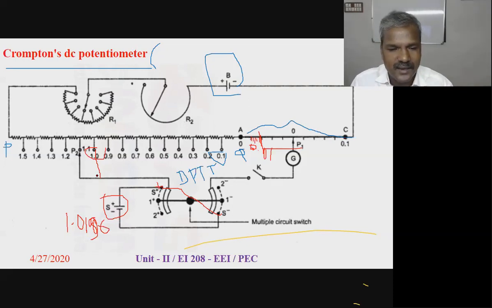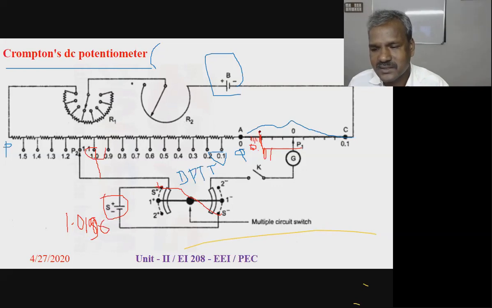So exactly place one here. This major value at 1 and the decimal fractional value at this scale near to 0.02, or you can consider this as 0.02 also. So exactly you connect 0.02.